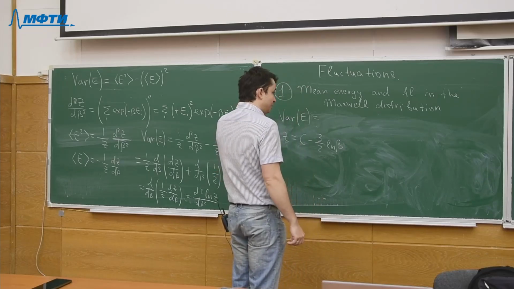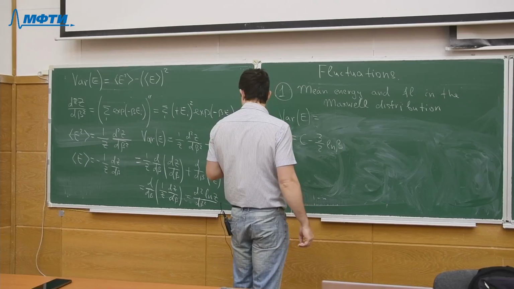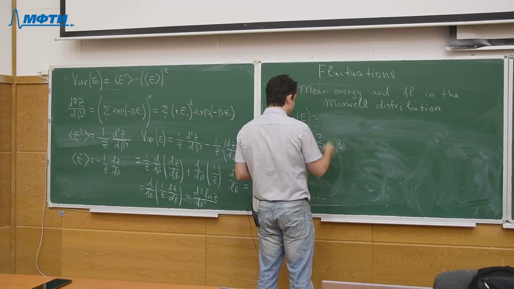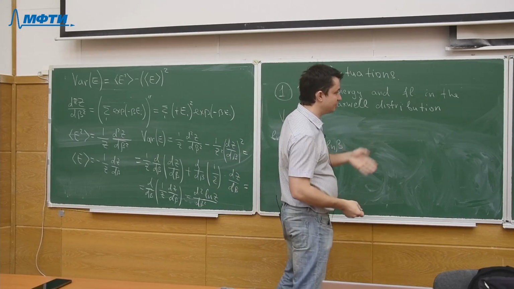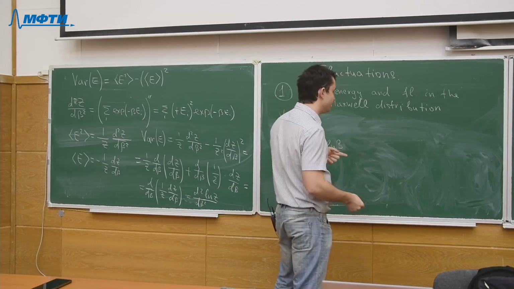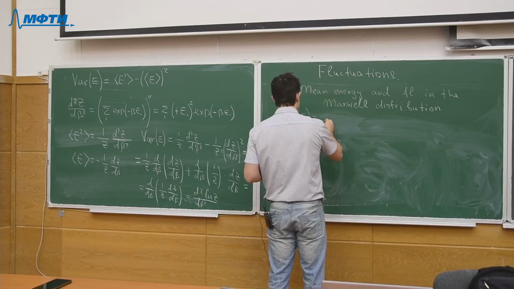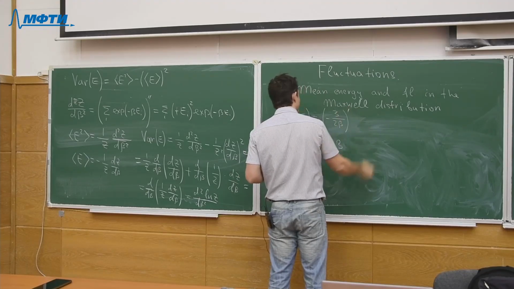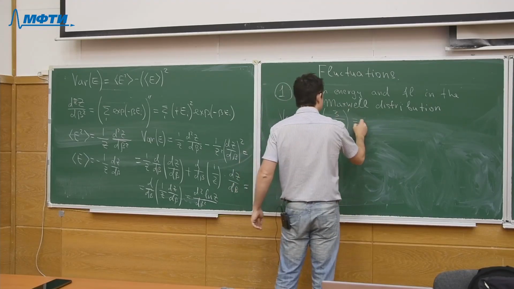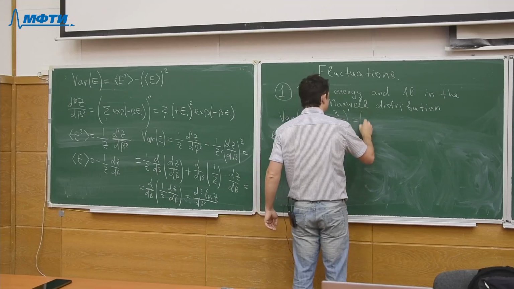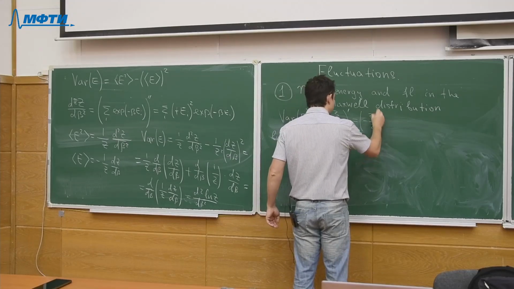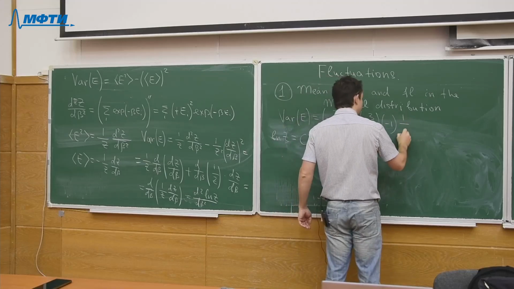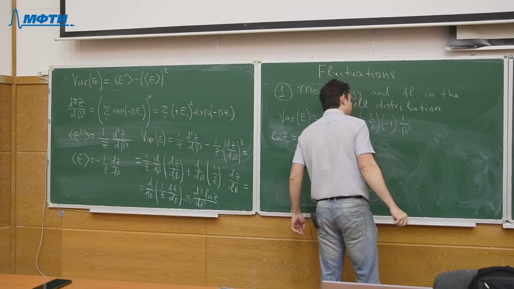So if I take my derivative twice, the first derivative I have already calculated here, it gives me just minus 3 over 2 beta, and then I need to calculate another derivative. That would give me minus 3 over 2 times minus 1 times 1 over beta squared.